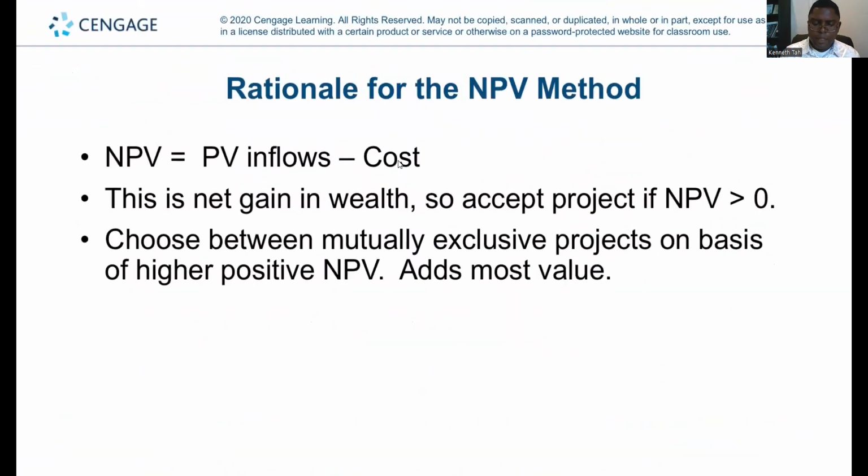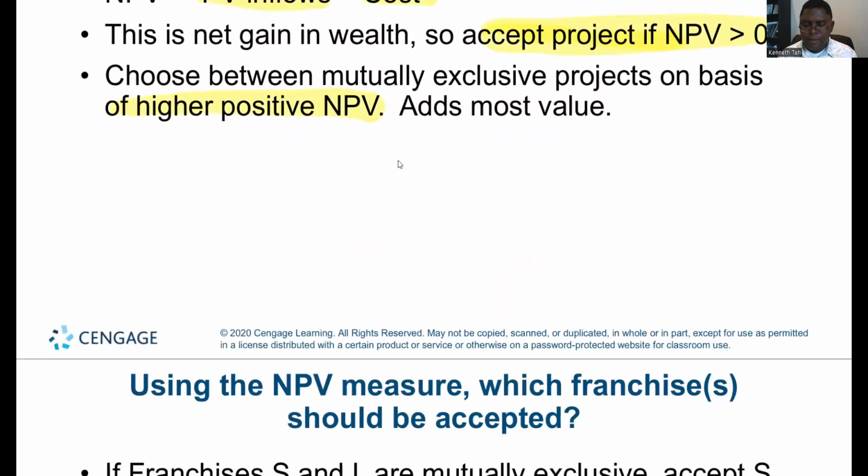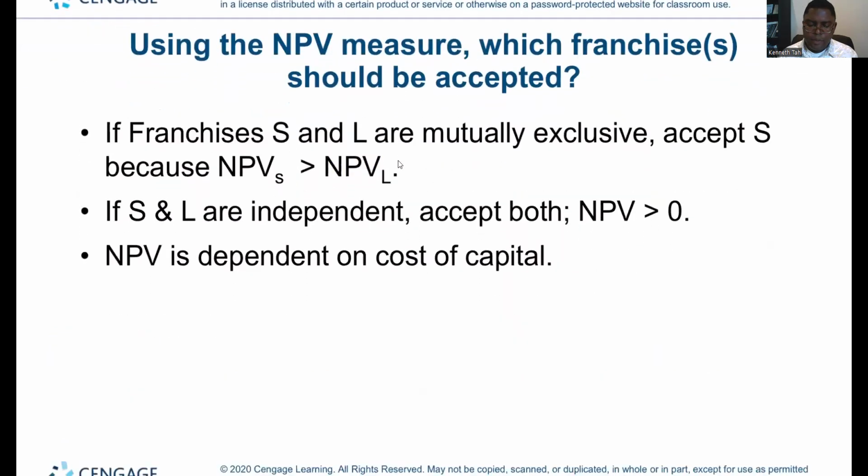So this just explains what we have done. NPV is the present value of cash inflow minus the cost or the cash outflow. Decision criteria: we accept a project if the NPV is greater than 0. If the projects are mutually exclusive, then we accept the project with the higher NPV because that is going to add value.